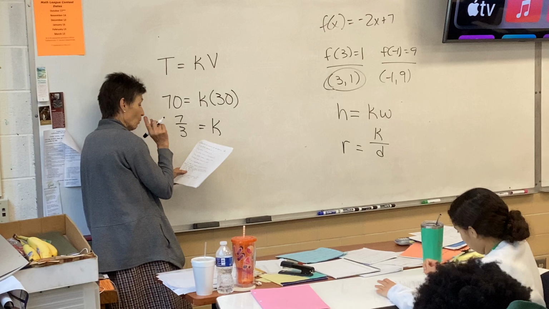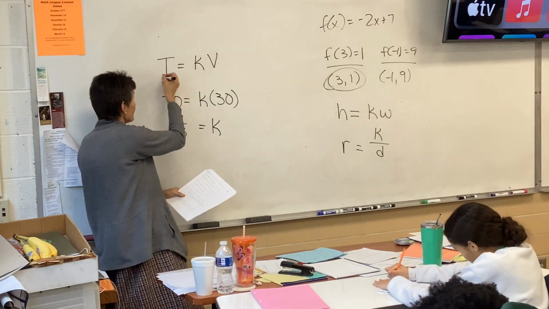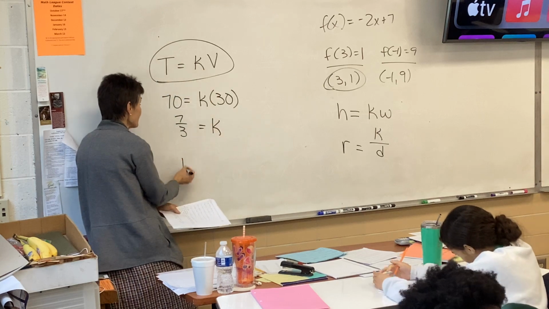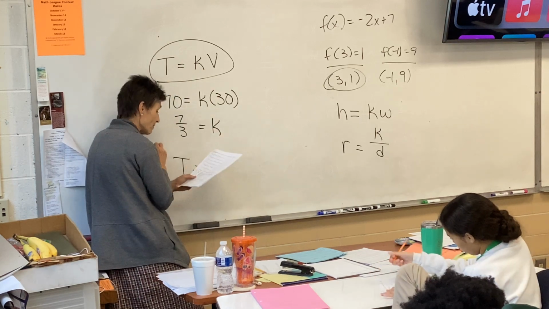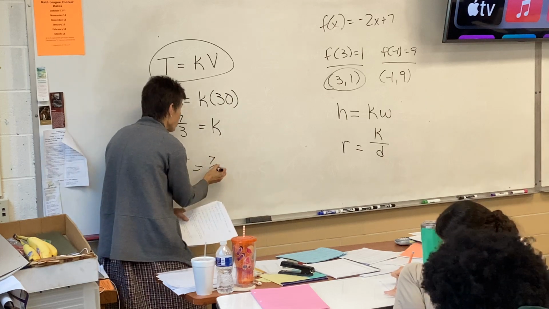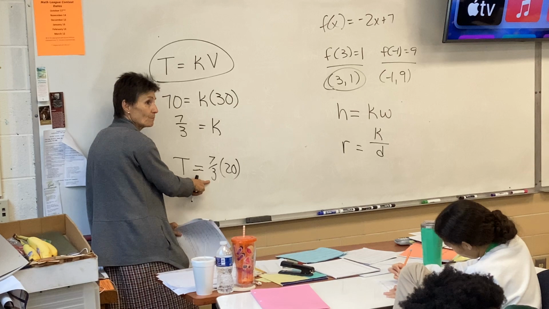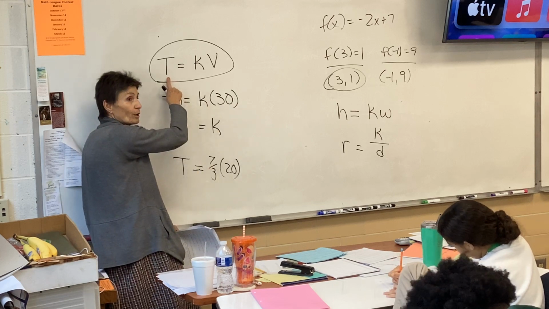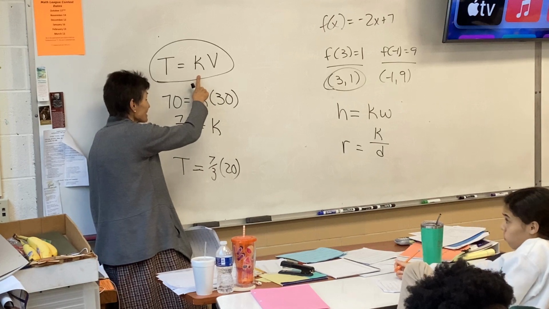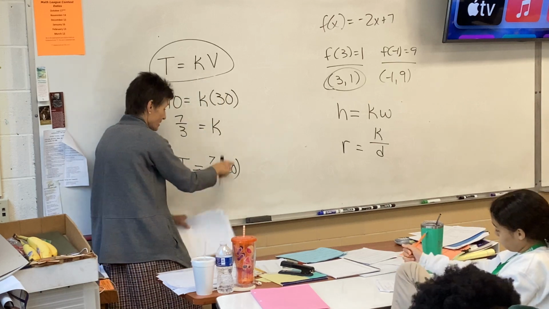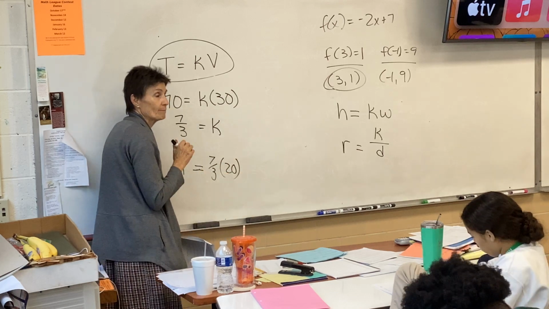Now, what does the last sentence want? Go back to here: find the temperature when the volume is 20. But remember kids, don't we know K now? So in our formula, we're going to find T, but we know that K is 7/3, and we know the volume, or whatever V is, volume is 20.